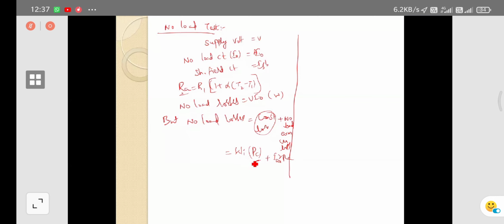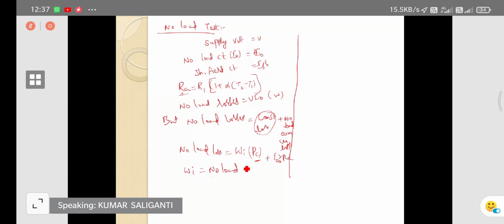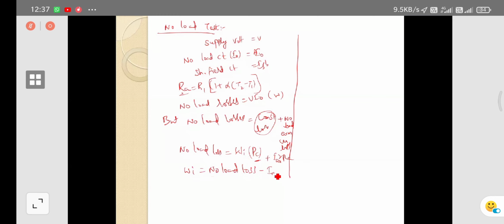So this is the no load loss. From that, Wi is equal to the no load loss minus IA naught square RA. This is most important.